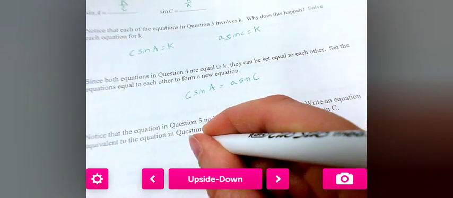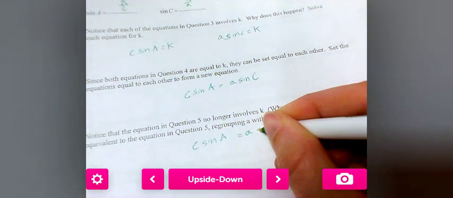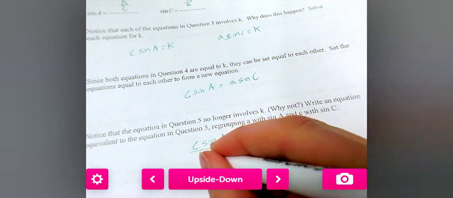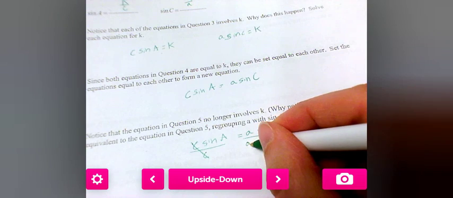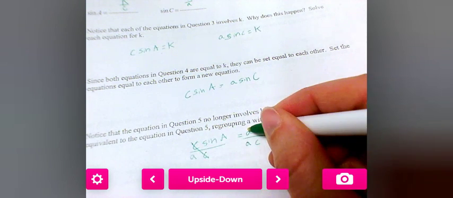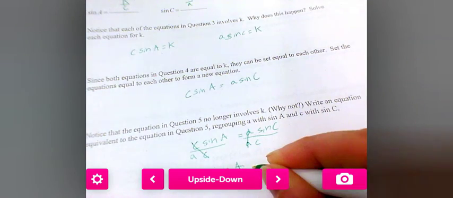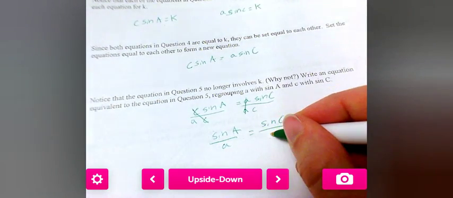So I've got c sine A equals little a sine C. I'm going to divide both sides by little c, and these cancel. I'm going to divide both sides by little a, and I end up with sine A over little a equals sine C over little c.